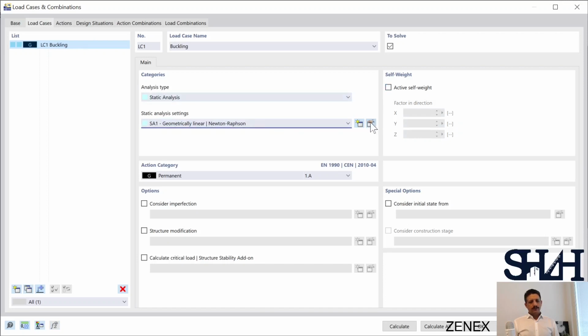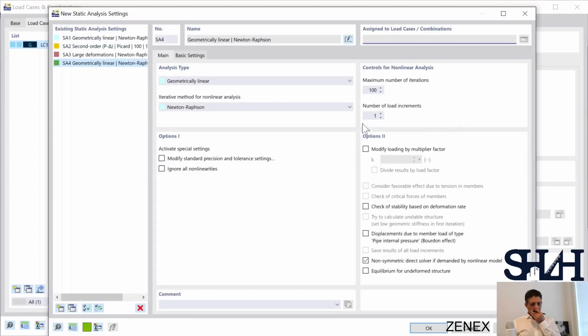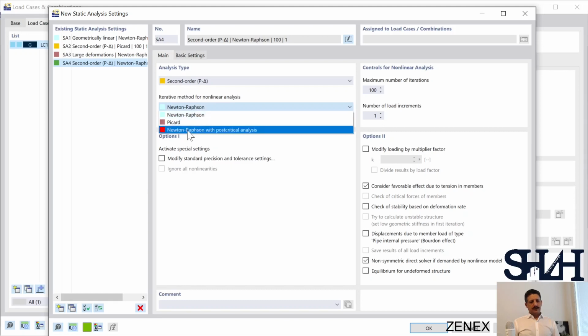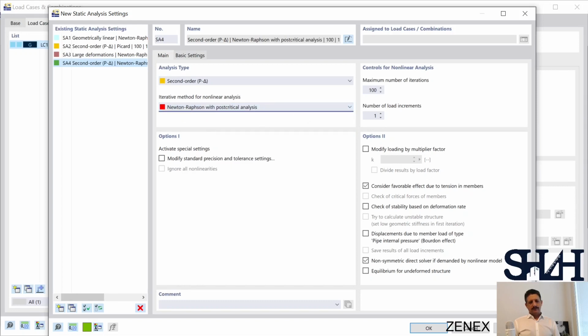So here we need to have a new analysis setting. I go with the second order because we have to check the nonlinear calculation. And here we have the Newton-Raphson with post-critical analysis. Number of load increments, we can go with 100.